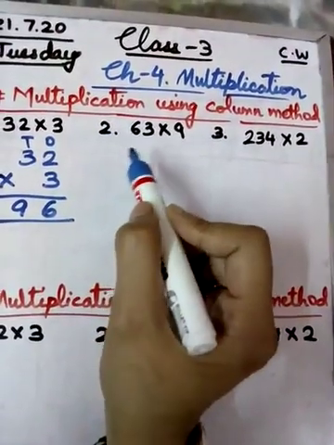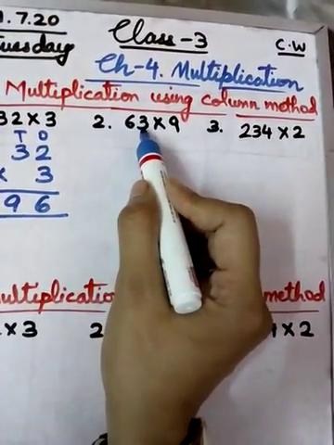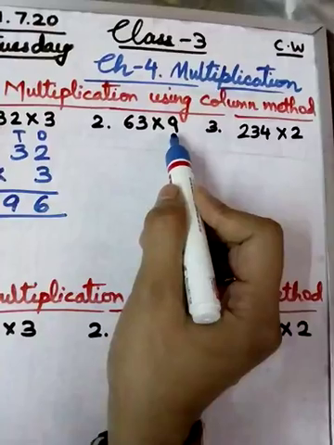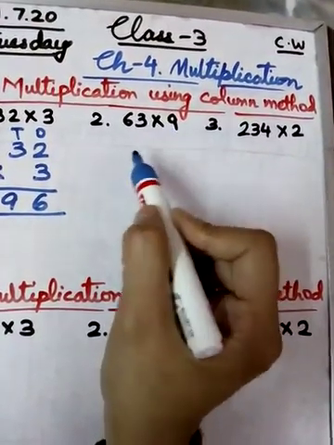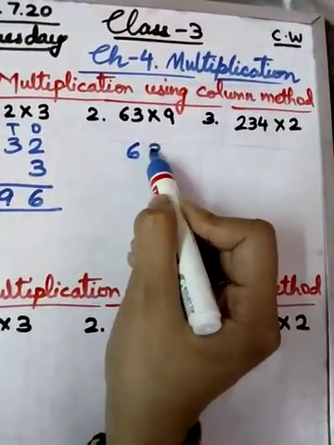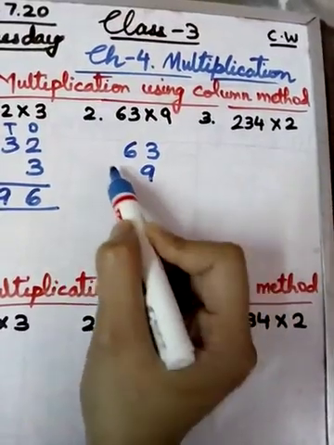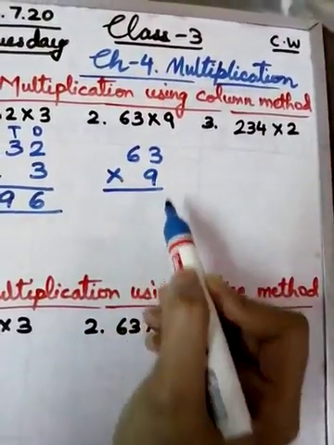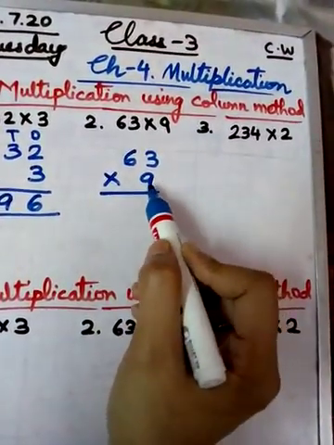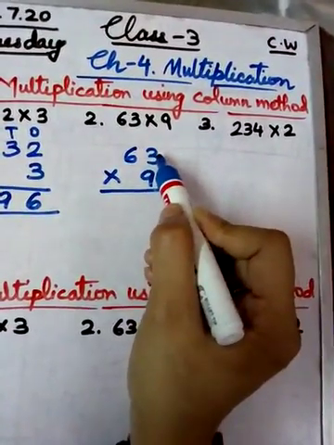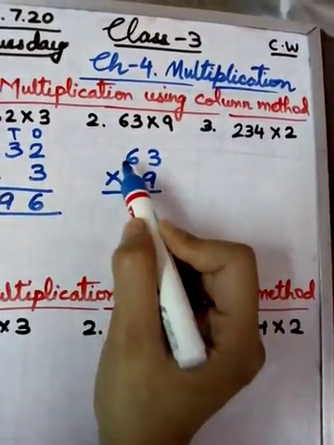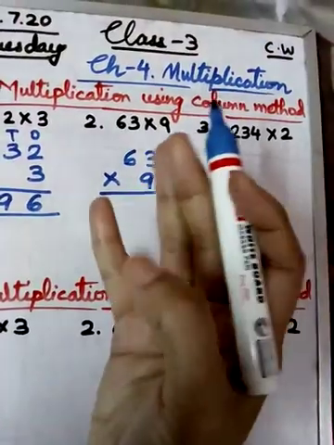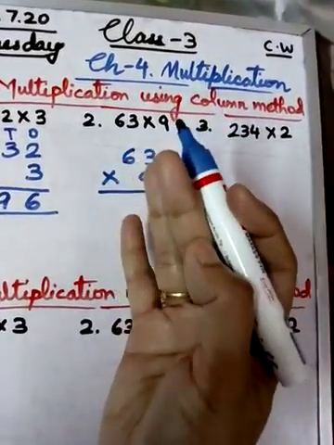Moving to the next question. Again we have 63, a 2-digit number, which is multiplying with a 1-digit number. So write 63, down 9, put a sign of multiplication, a line, and start multiplying 9 with 3 and then 9 with 6. 9 3s are 27.